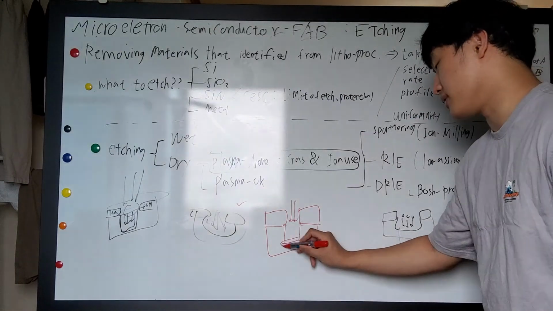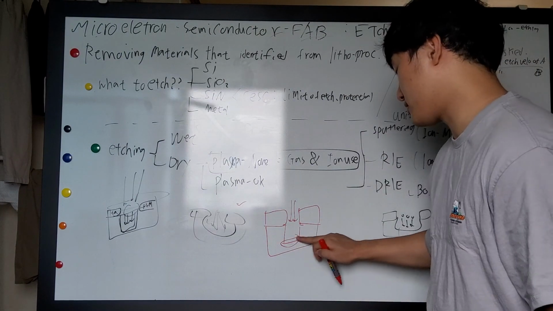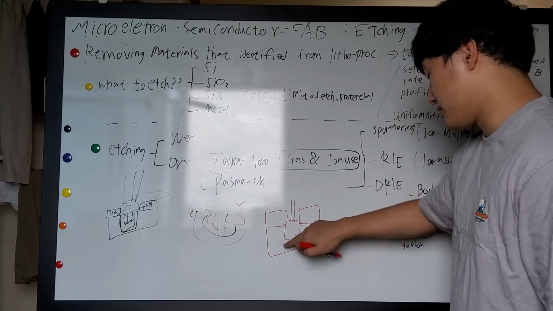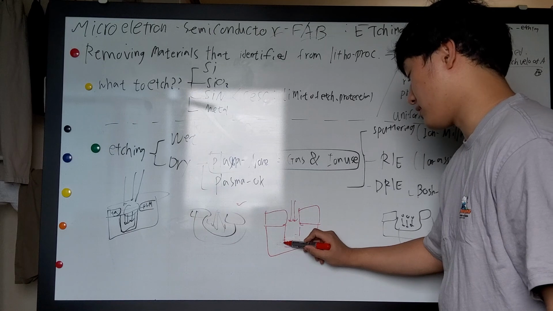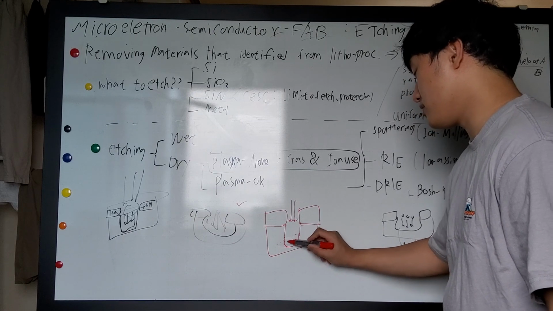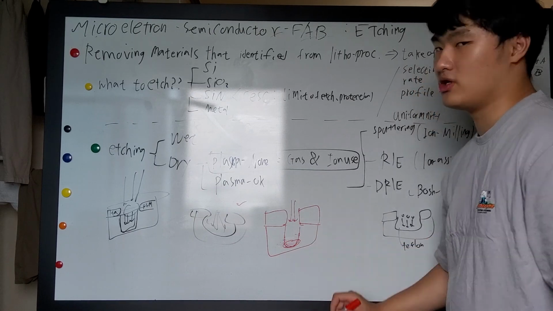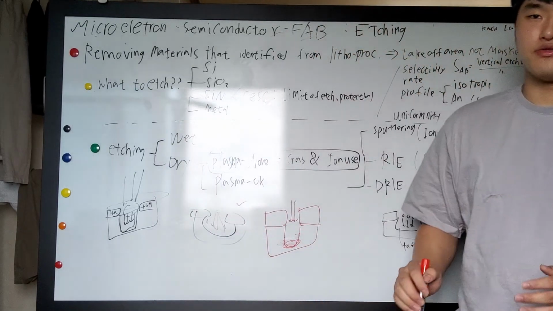But in real life, it will not be. Because of scattering or impact, there will be some rounding here, which means the uniformity is not good at all.